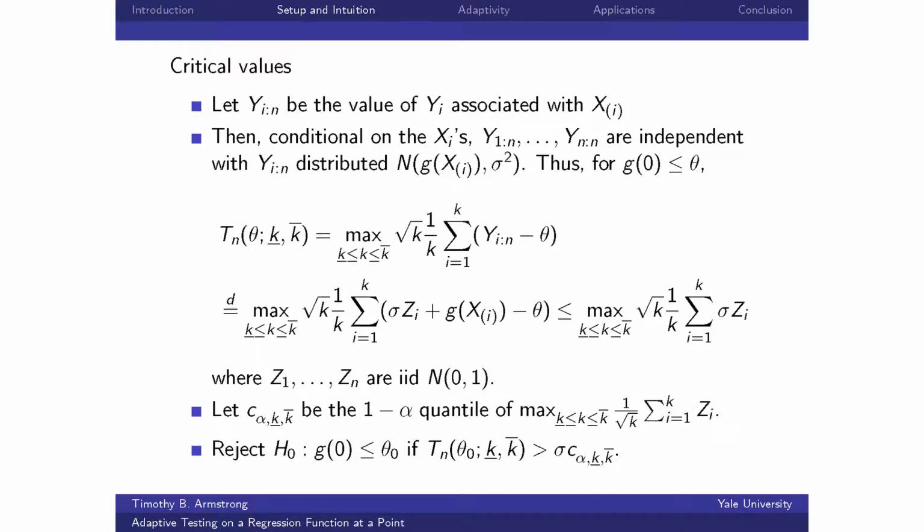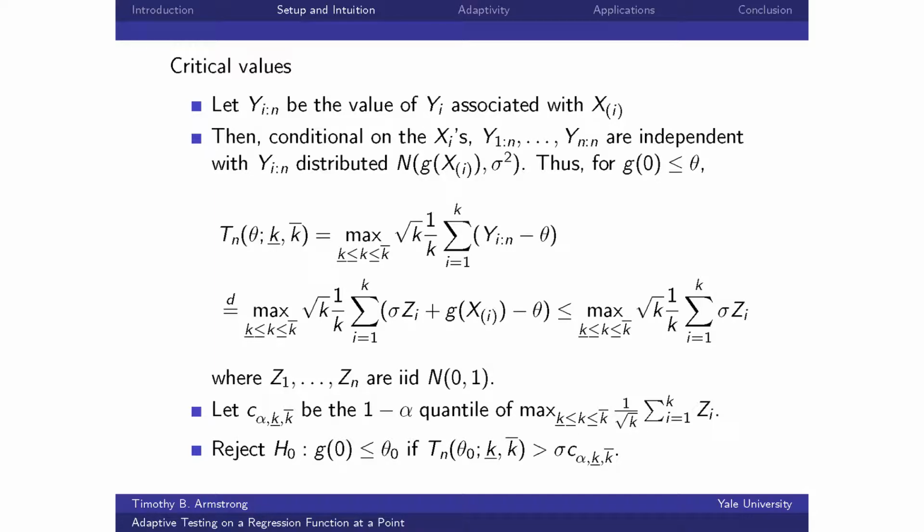But then under the monotonicity assumption, we know that under the null, theta is greater than or equal to g(0). It's also greater than or equal to g(x) for all these larger values. And so replacing this with 0 will only make us more conservative.